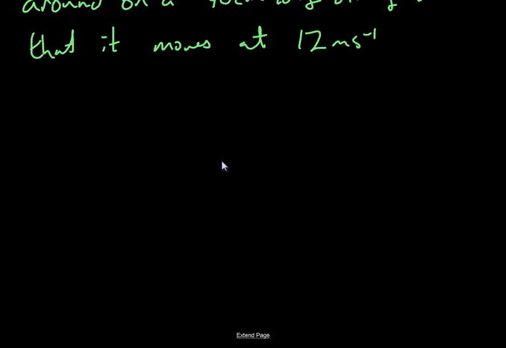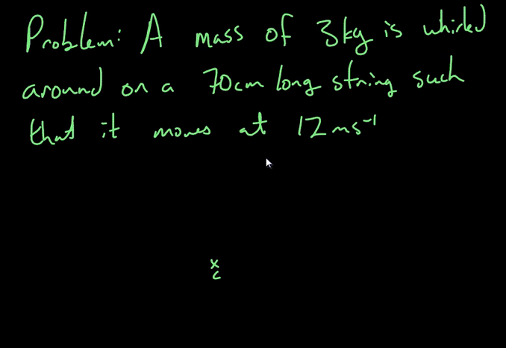So let's draw a picture of this. Here's the center, here's the string or cable or whatever you want, here's a 3 kilogram mass, and the magnitude of its velocity is 12 meters per second.